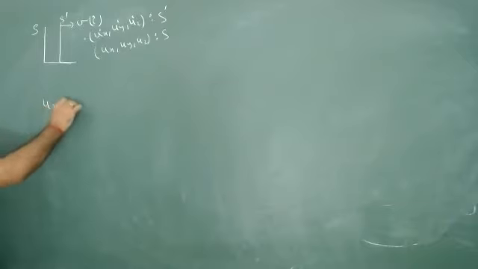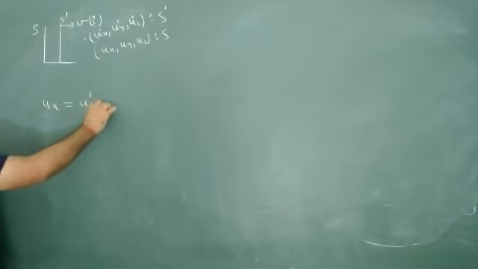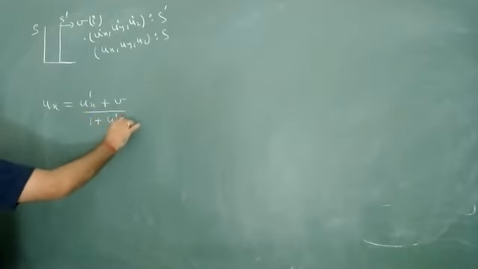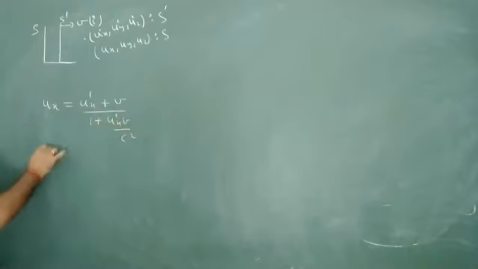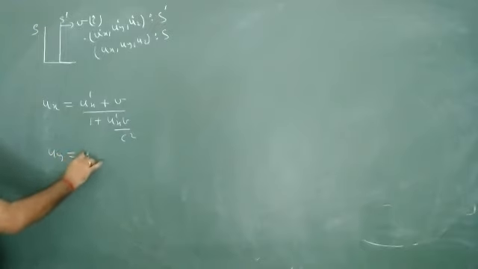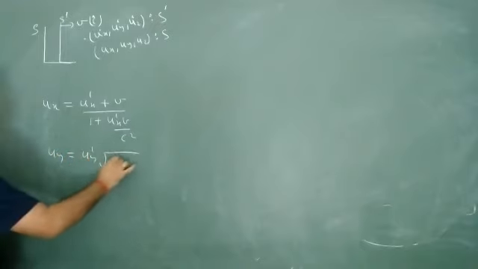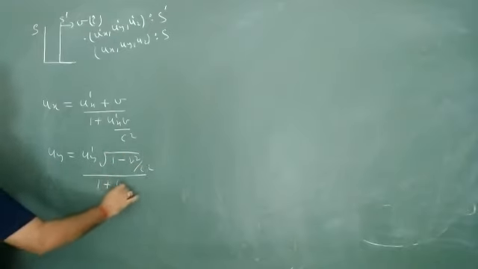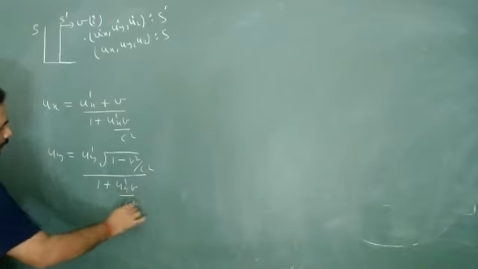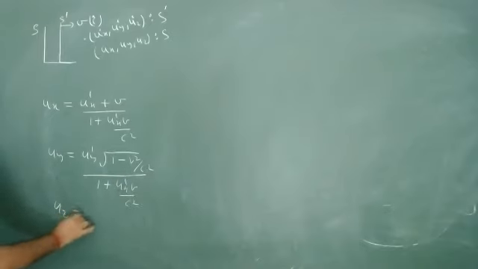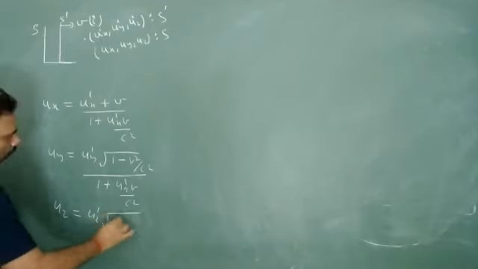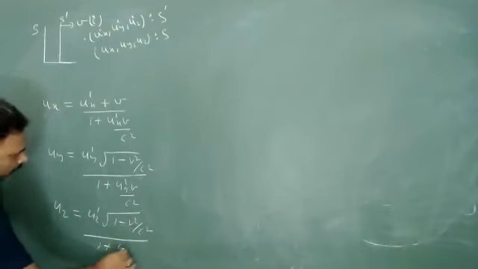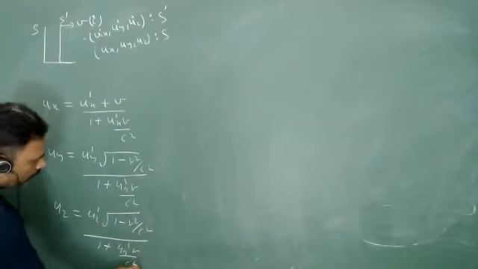Then ux is equal to (ux dash plus v) over (1 plus ux dash v upon c square), and uy is equal to uy dash root under 1 minus v square upon c square over (1 plus ux dash v upon c square). Similarly, uz is equal to uz dash root under 1 minus v square upon c square over (1 plus ux dash v upon c square).